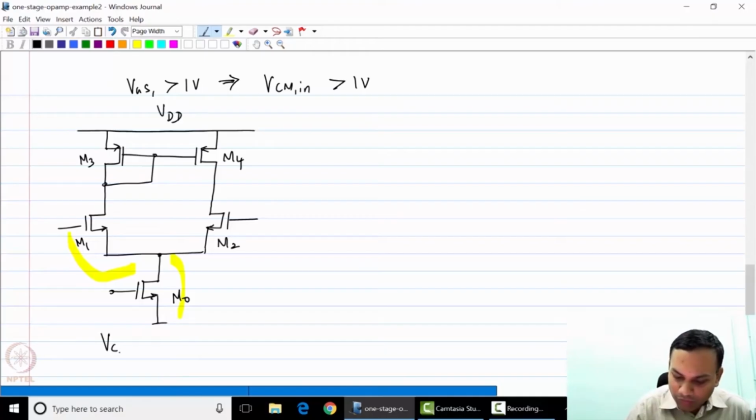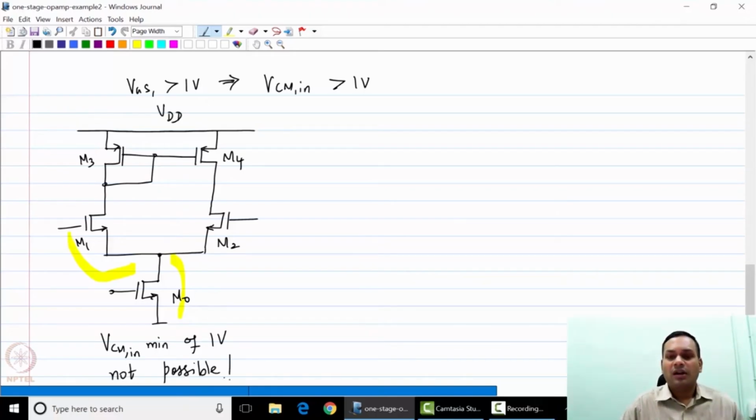However, please note that this is not the only one stage op amp possible.